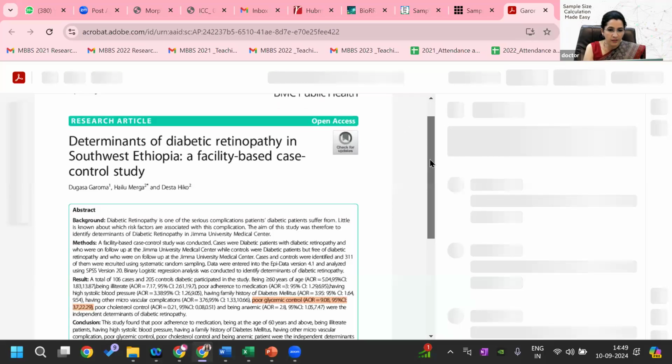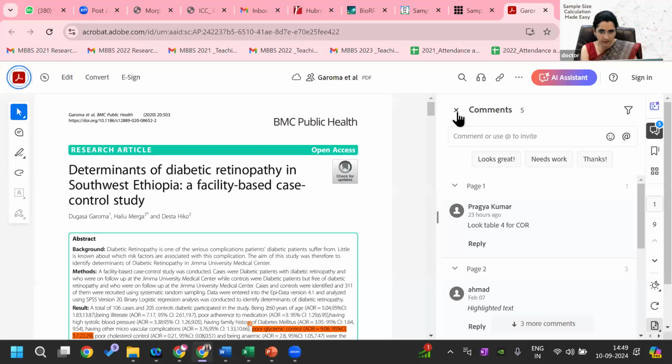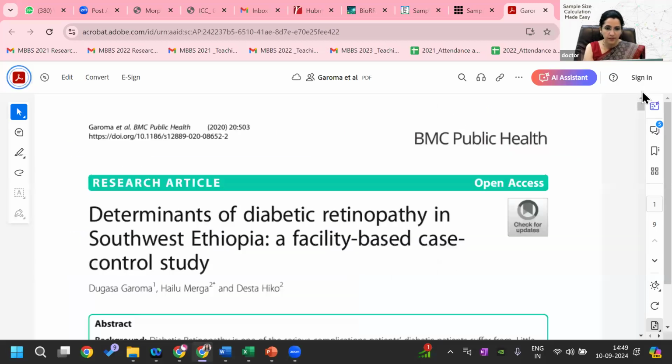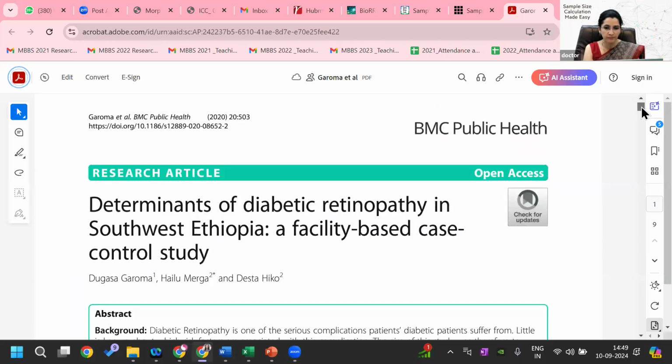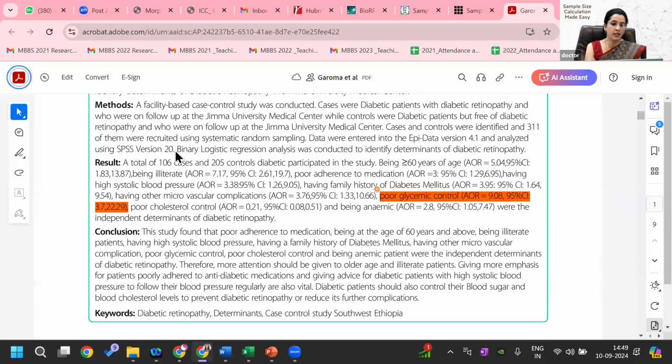This article got published in BMC, and you can see the title is Determinants of Diabetic Retinopathy in Southwest Ethiopia: A facility-based case control study. Here, if you see the result, they have taken 106 cases and 205 controls.